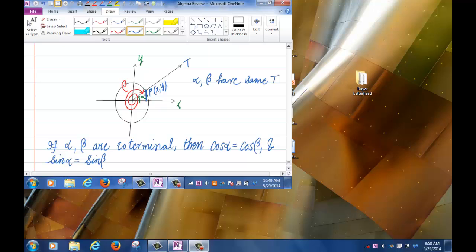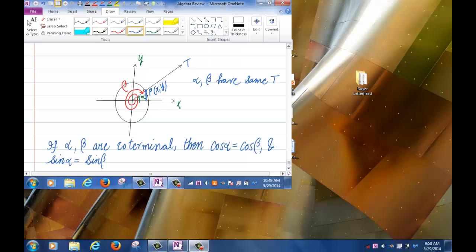Remember the definition: whatever the angle is, the terminal side intersects at a point P, right? And from the point P, you make a vertical line to the x-axis. So it doesn't matter how you got beta. As long as beta has the same terminal side, you're getting the same point P. Is that making sense? No matter what beta is, you're coming back to the point P, the intersection of the terminal side and the circle.